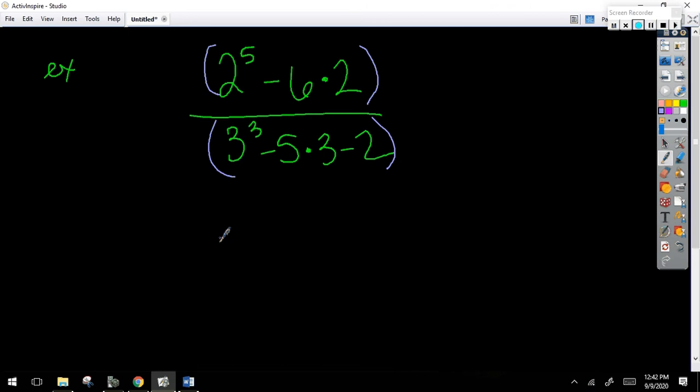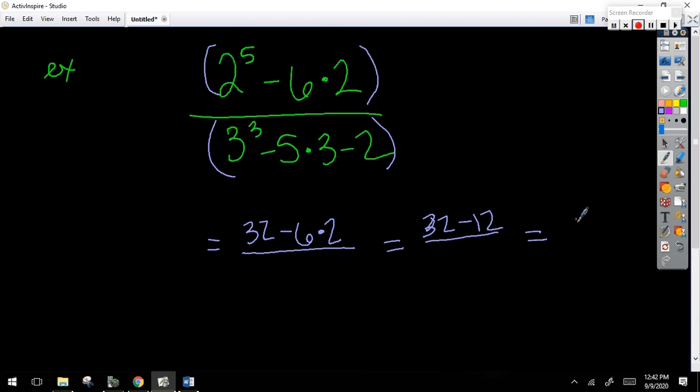All right, so now I have 32 minus 6 times 2. Is the top simplified? Nope. What do I do next? What's 6 times 2? 12. So I got 32 minus 12, which is 20.